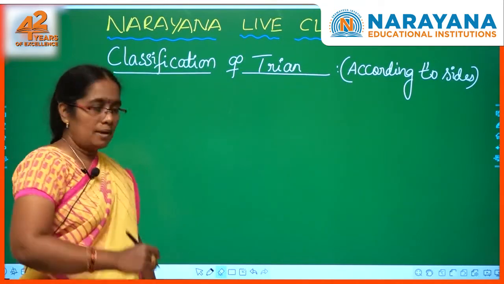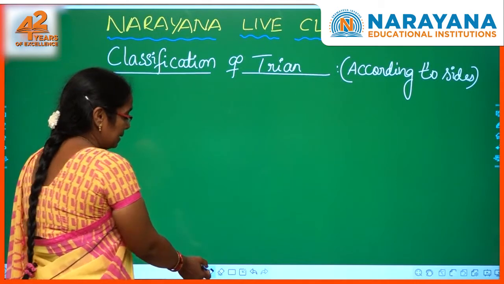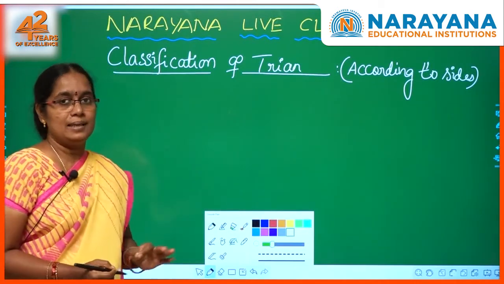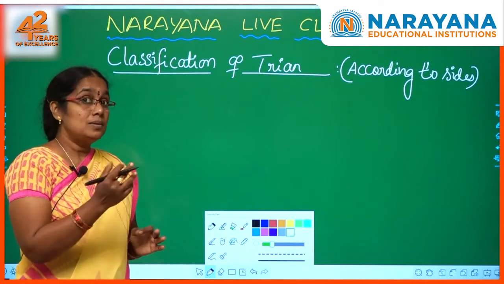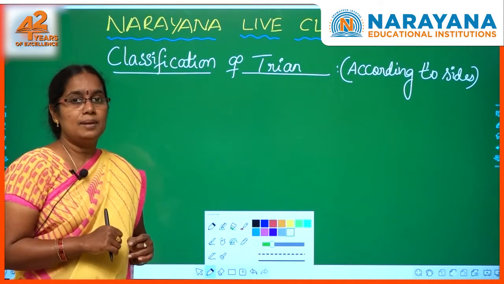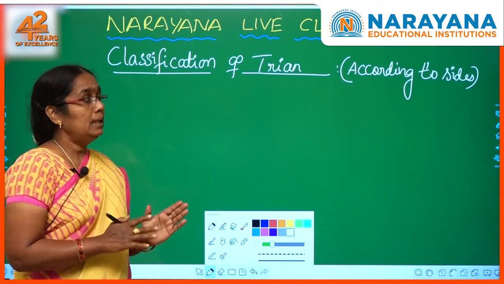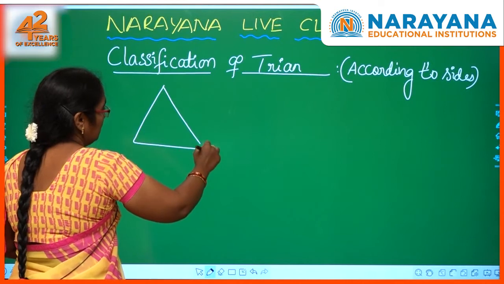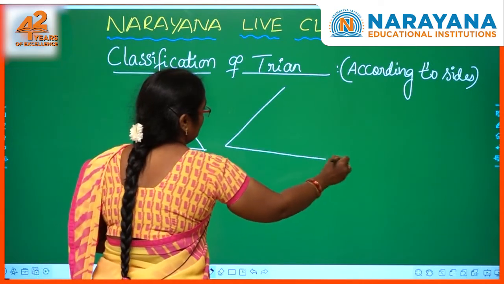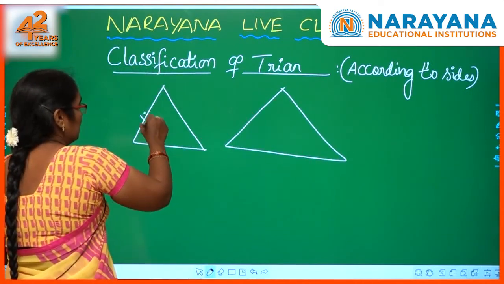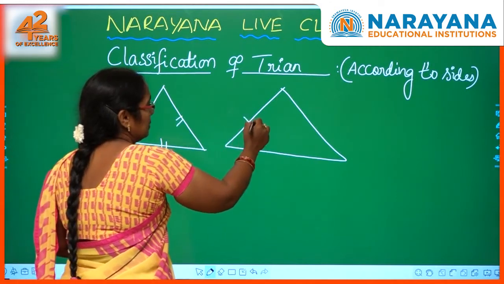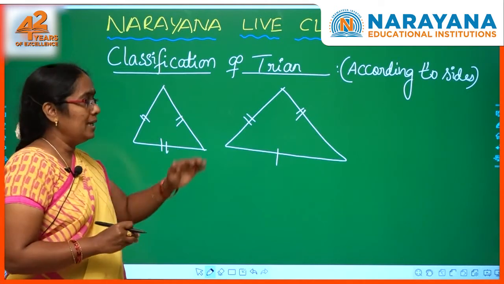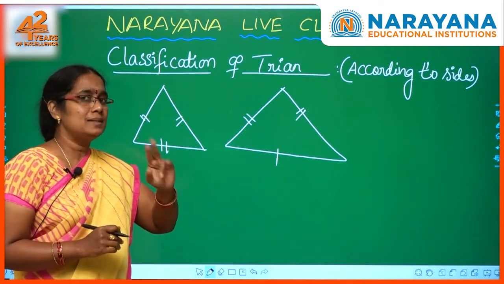Now one more point I would like to tell you. I told you in an equilateral triangle all the three sides are equal. In an isosceles triangle only two sides are equal. So when you compare equilateral triangle and isosceles triangle, the condition for an isosceles triangle is that any two sides must be equal.